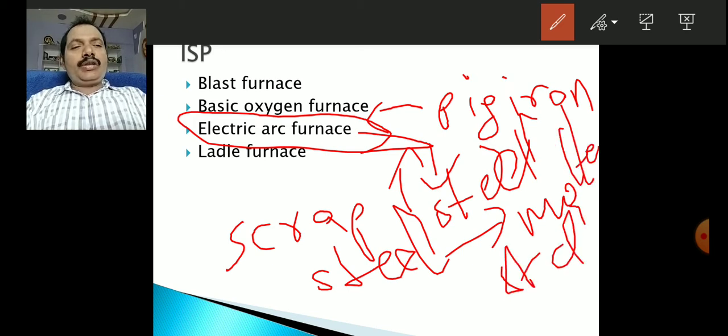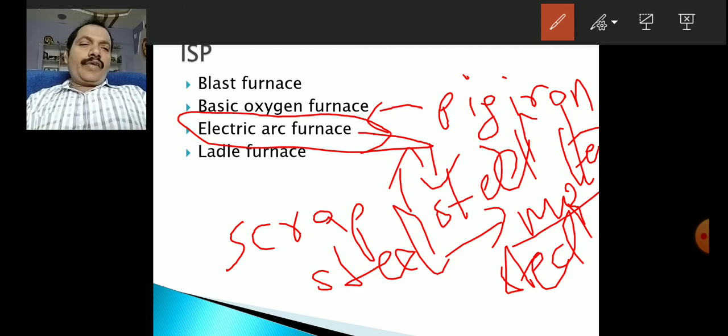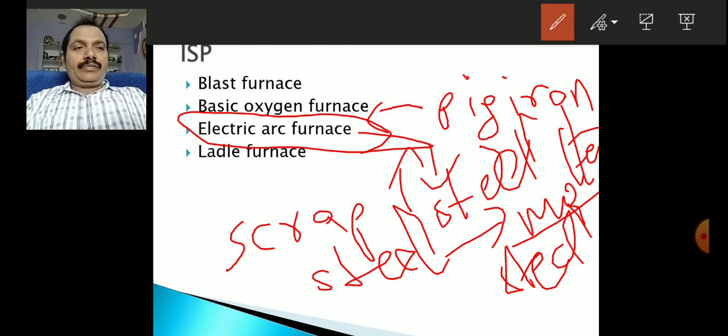Molten steel means hot liquid steel. So from scrap we are getting the molten steel, and from basic oxygen furnace pig iron is changed to molten steel. So in both the cases.